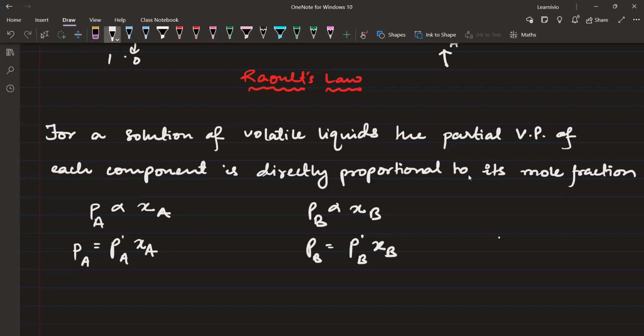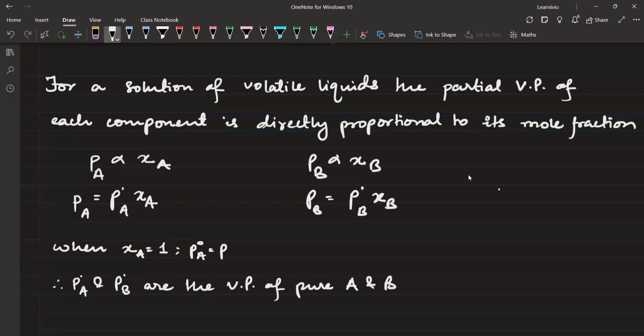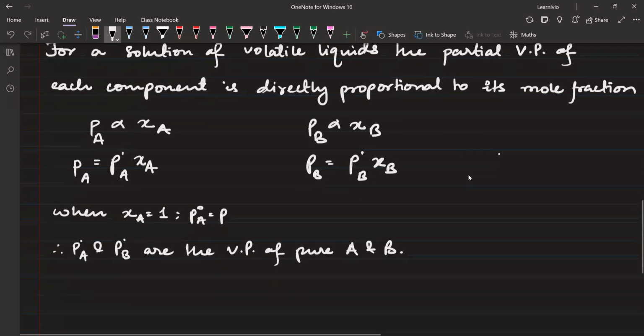See that when chi A is equal to 1, P naught A is equal to P. Therefore, P naught A and P naught B are the vapor pressures of pure A and B. Fine.